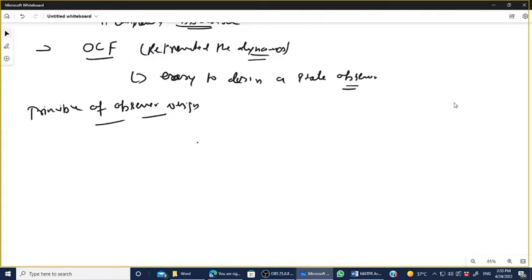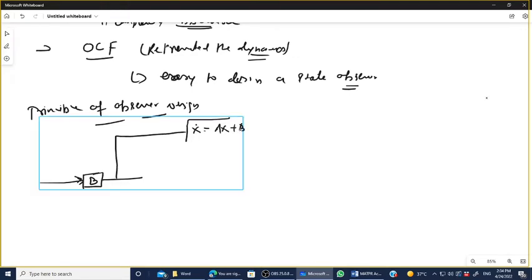Let's say we have a plant, I'm just trying to draw that figure. Let's say we have the plant, ideal plant or actual plant, given by the dynamics x dot equals Ax plus Bu and y equals Cx. So this is the plant.